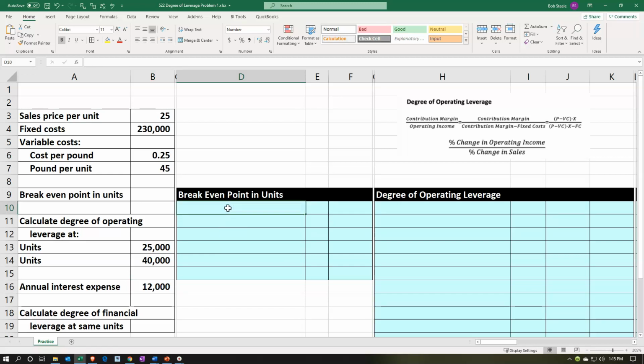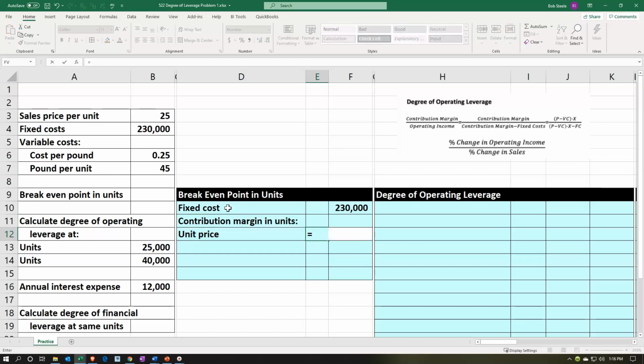That's going to be the fixed cost divided by the contribution margin in units. So the fixed cost is going to be equal to the 230,000. We then have the contribution margin in units: first the unit price, which is going to be equal to, I'm going to bring this in the inner column, that's 25,000.